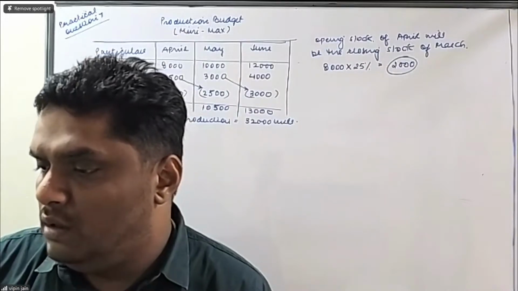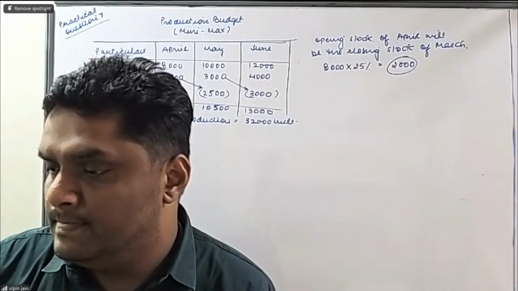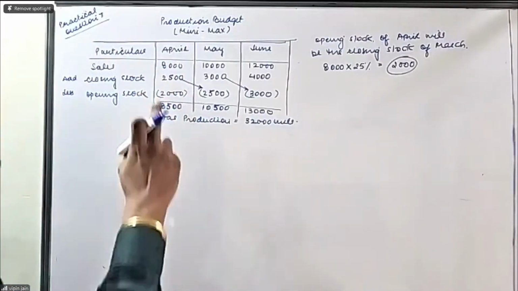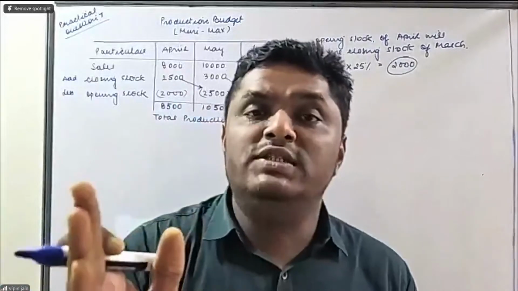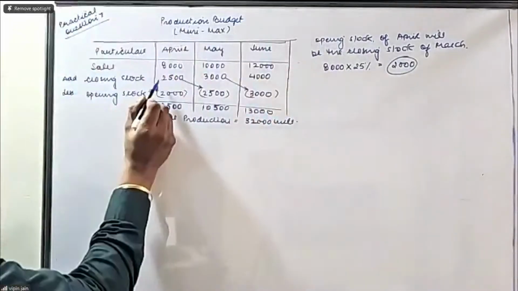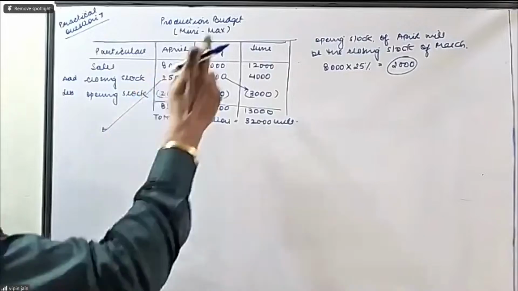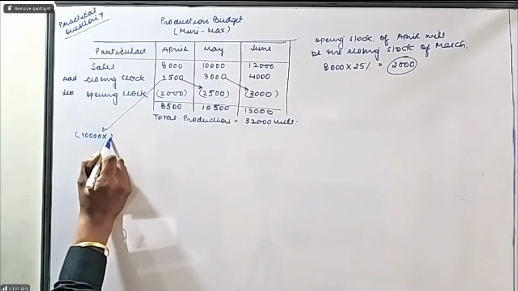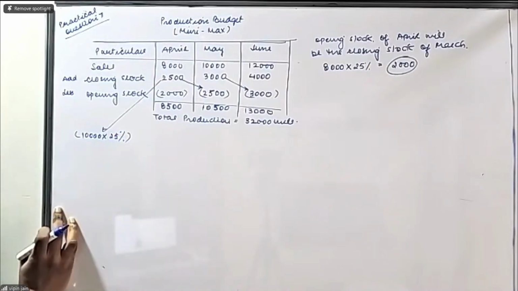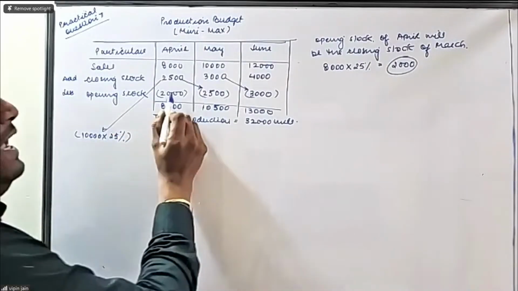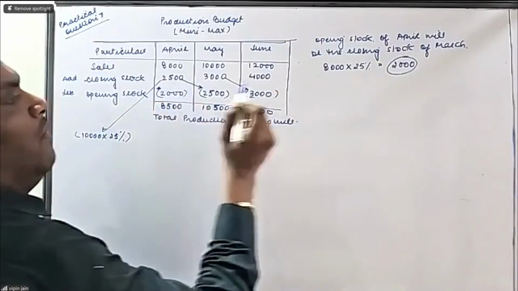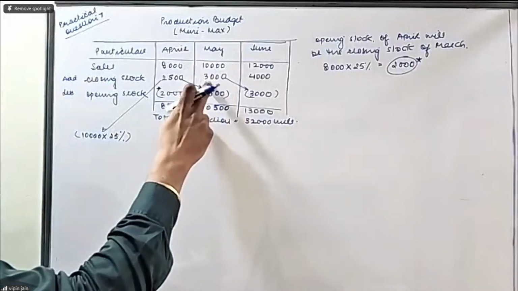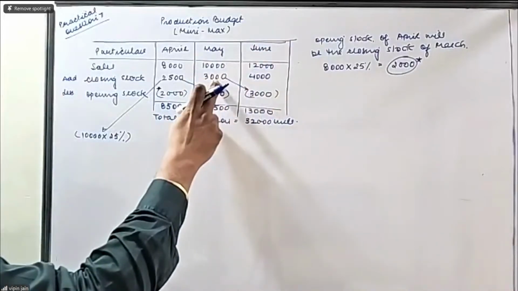Yes, Apurva, Ritika. Closing stock 2,500. You're talking about this closing stock? See again, the closing stock of April will be 25% of the sales of May. This I have already explained here. Again, the closing stock of May will be 25% of June.